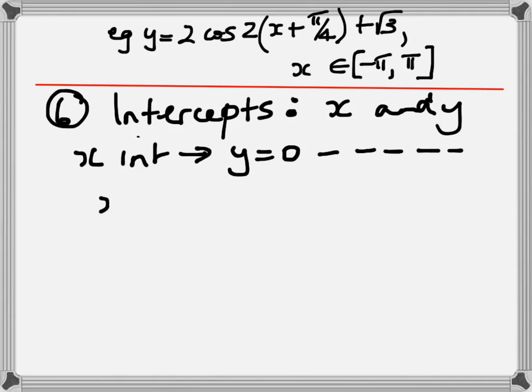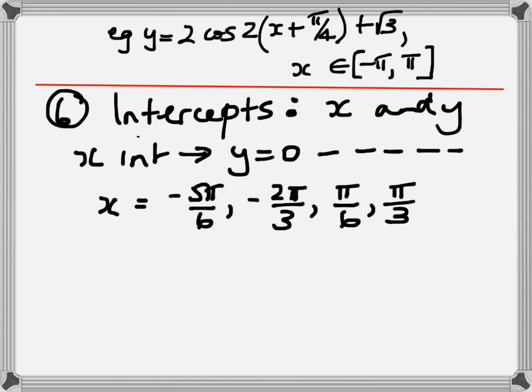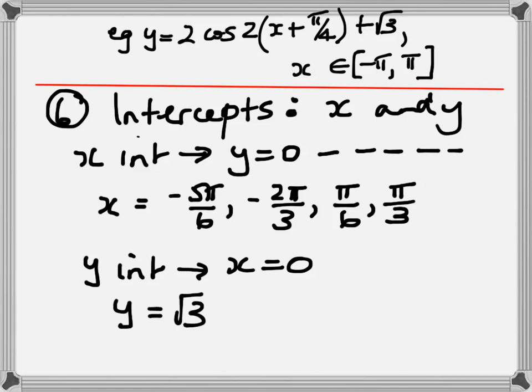I'm just going to lay them on you. There they are. Then I'm going to calculate the y-intercept, of course, and that's where x equals 0. That's an easy one. We just plug x as 0 into the equation for y, and we get y as root 3.